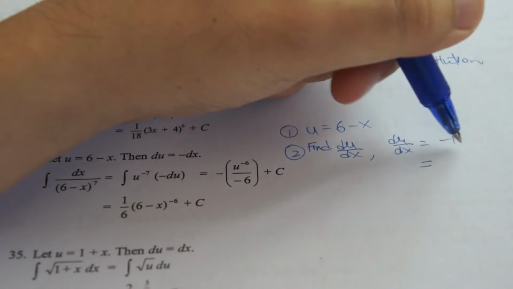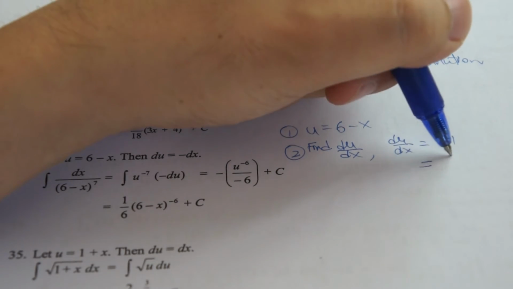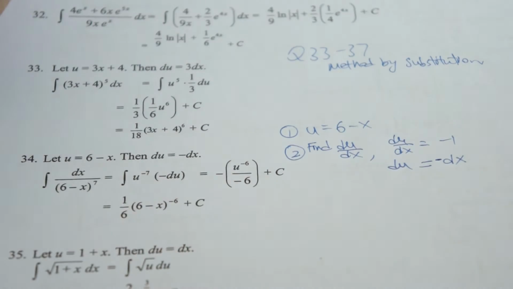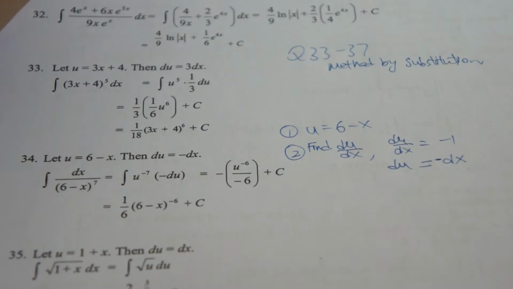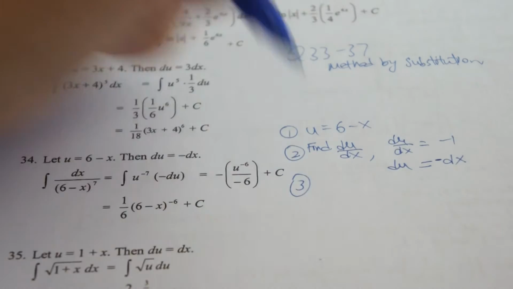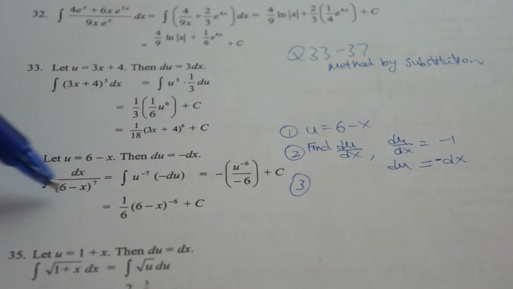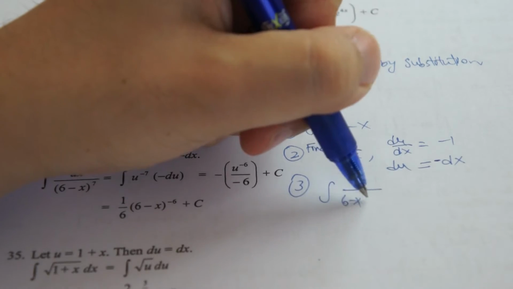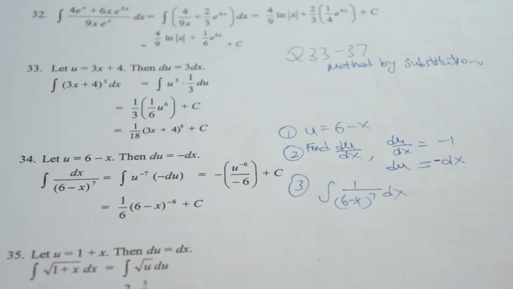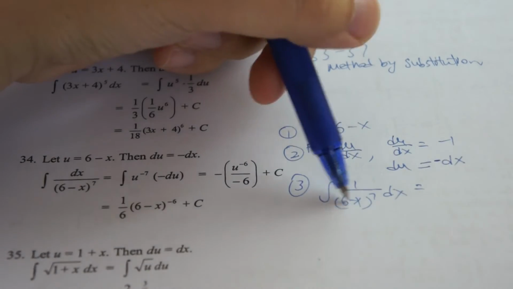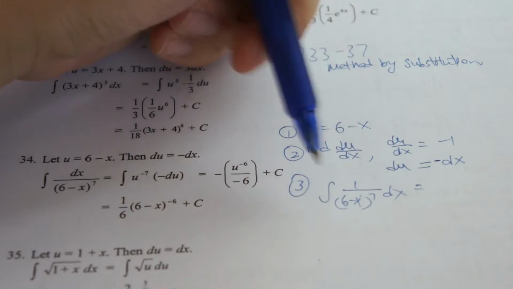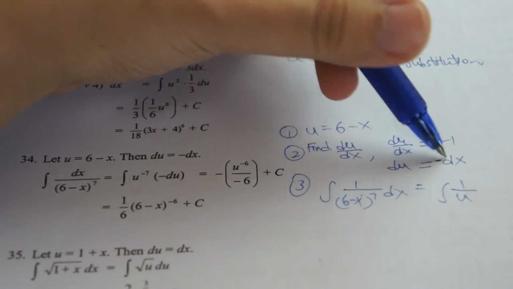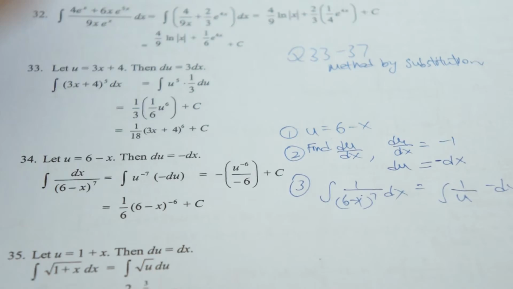So you reverse the positions, and du will be minus dx. Number 3, as I said, is to substitute in terms of u. So the integral of 1 over 6 minus x to the power of 7. Just substitute 6 minus x, and it becomes u. While dx will become negative du.